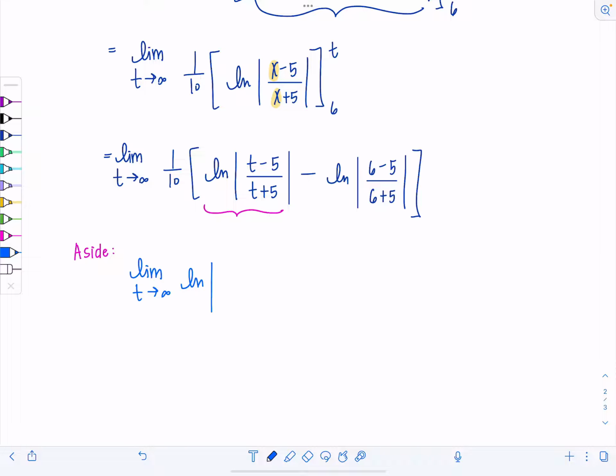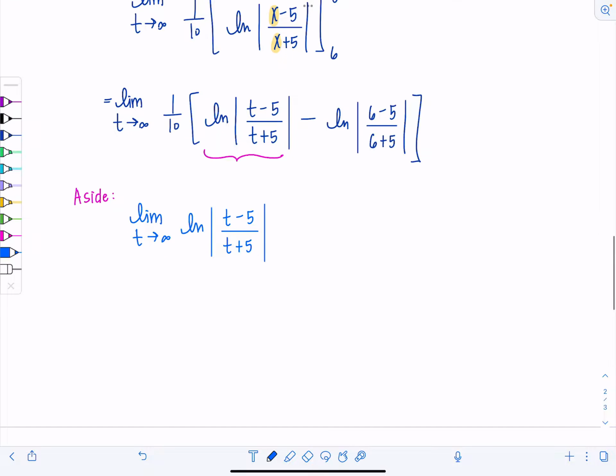So we have ln absolute value t minus 5 over t plus 5. I can pass the limit inside the natural log. So we've got natural log absolute value limit as t goes to infinity of t minus 5 over t plus 5.